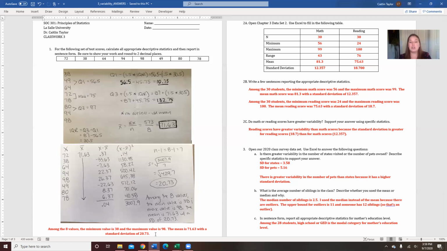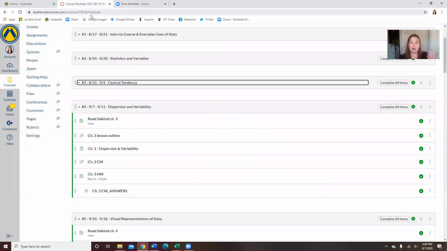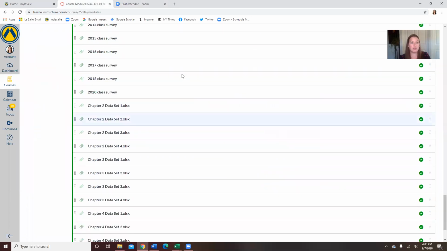So 2 is asking you to use Chapter 3, Dataset 2, and to use Excel to fill in the table. So remember, if you are in our modules, in our Canvas site, you scroll all the way down and all of the data sets are listed here.